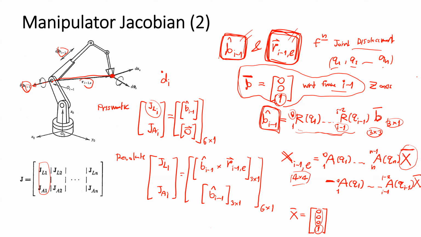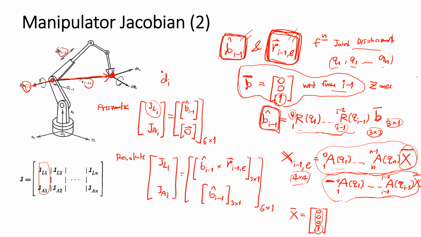It means that if we want to obtain this vector, we need to know the position here and know the position here. And yes, this is the method to obtain that. The position at the endpoint, the origin of the frame at the endpoint, subtracted by the origin of the frame at the frame I-1.